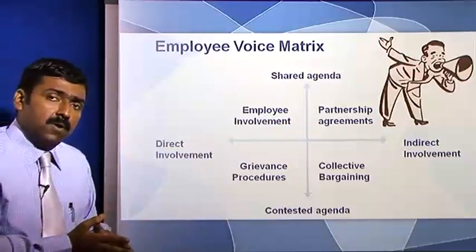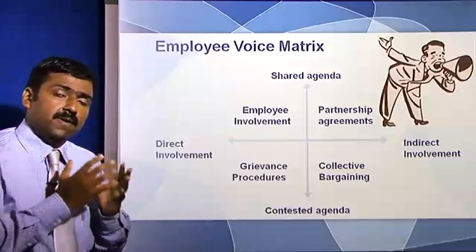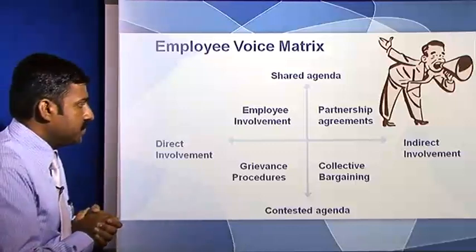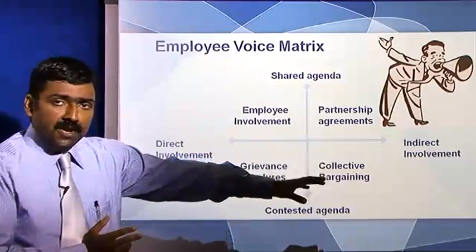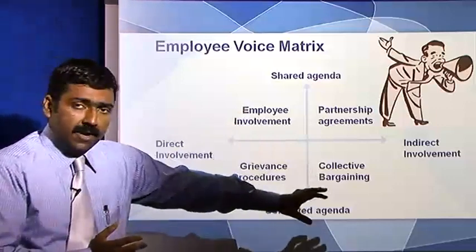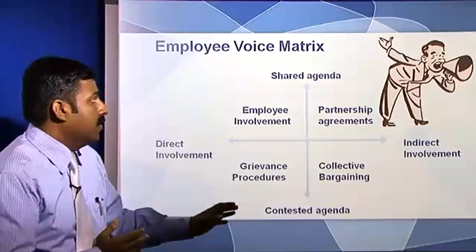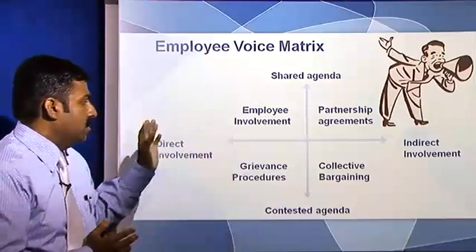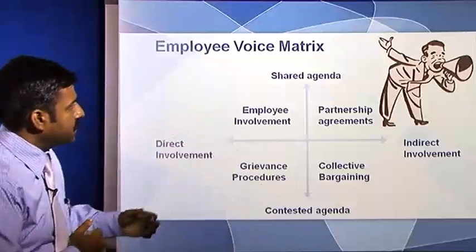Say for example, how to resolve day-to-day activities. When you have problems, you have defined grievance procedures. Now if it involves a larger group, it has to be done through indirect involvement. Management talks with the union representatives and you have collective bargaining. So this is normally defined as the employee voice matrix, wherein you have the shared agenda versus the direct involvement and the indirect involvement. Moving on.